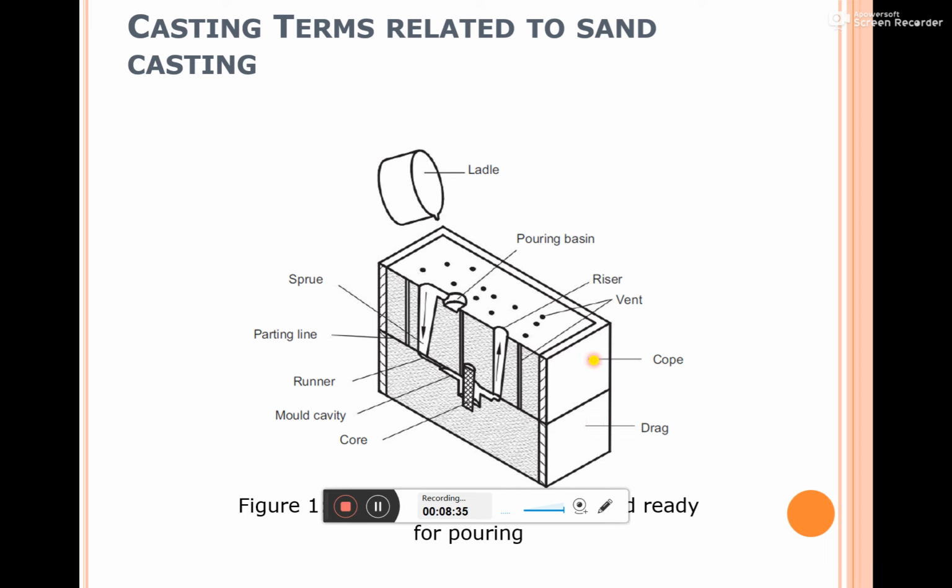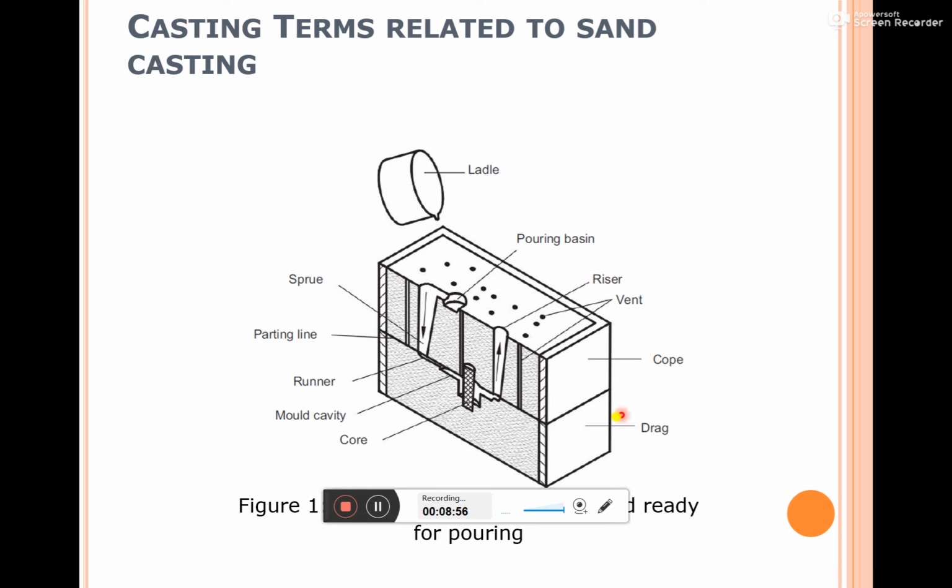Whenever you place a mold box at the bottom, it is known as the drag, and when you place another molding box on top of the drag box, it is known as the cope box, the upper.